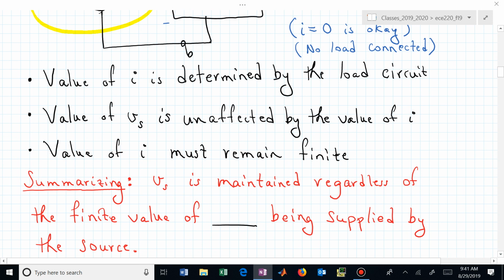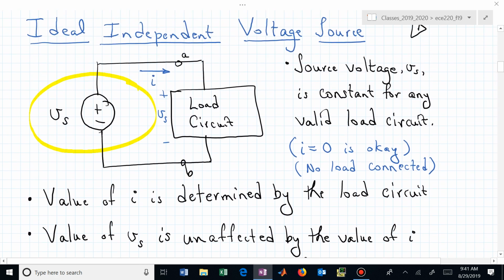If we now tried to summarize those properties of an ideal voltage source in one sentence, we could maybe say the voltage of our ideal voltage supply, V sub S, is maintained regardless of the finite value of blank being supplied by the source. How do I fill in the blank? What goes in the blank if V sub S is maintained regardless of what?